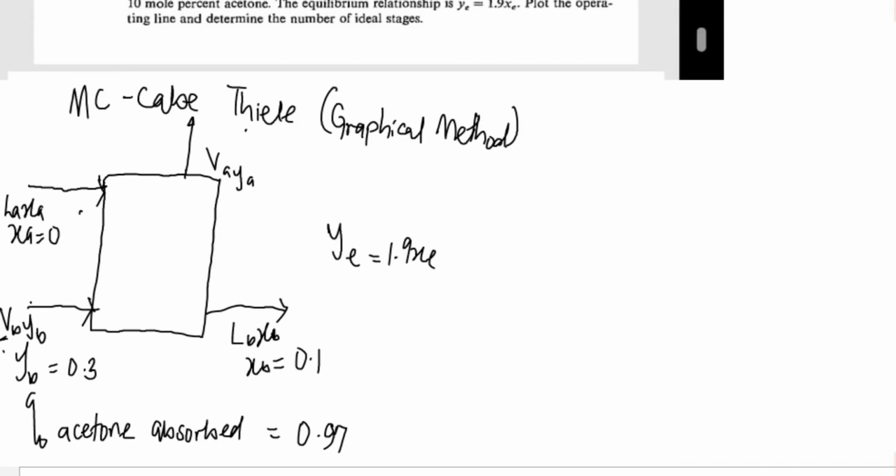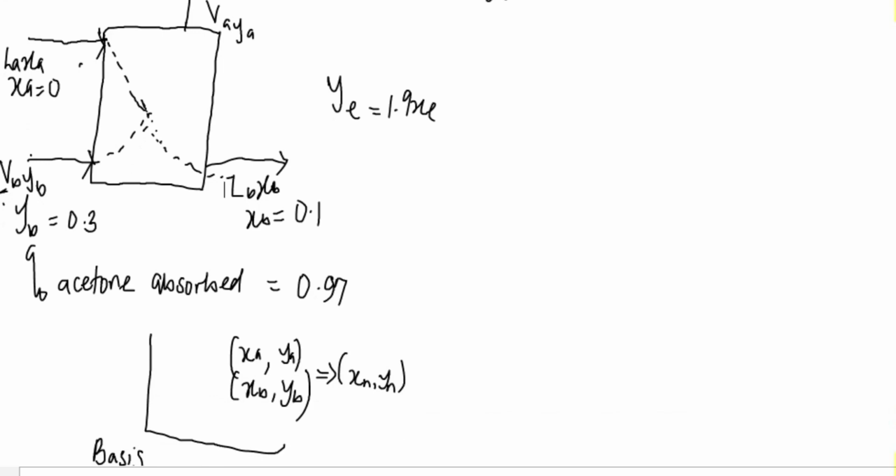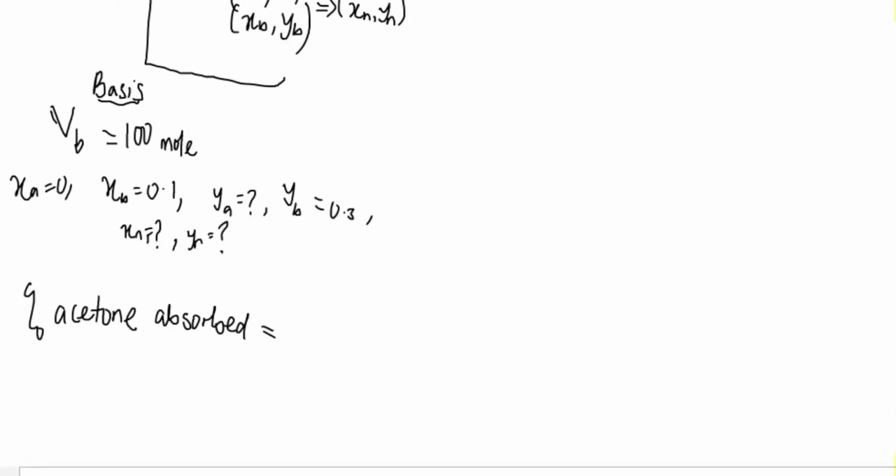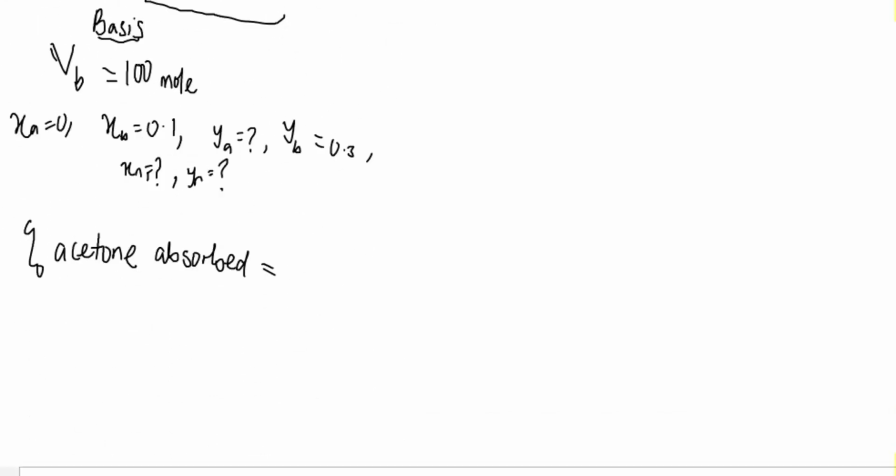Here, acetone is coming in the vapor, and the liquid phase is coming here. After the countercurrent mixture, the liquid washes away the acetone from the vapor and it comes out here. So the acetone absorbed is going to be the acetone at the bottom stream of the liquid, right? Percentage acetone absorbed is going to be acetone at bottom stream.